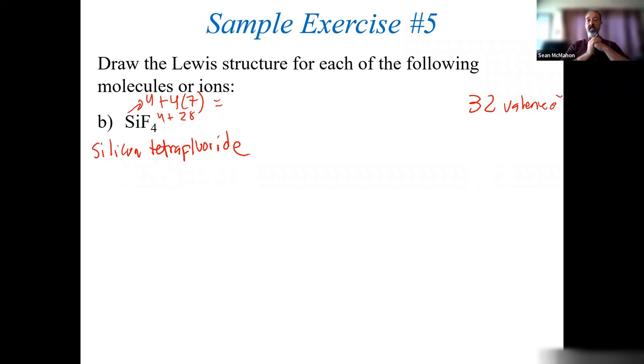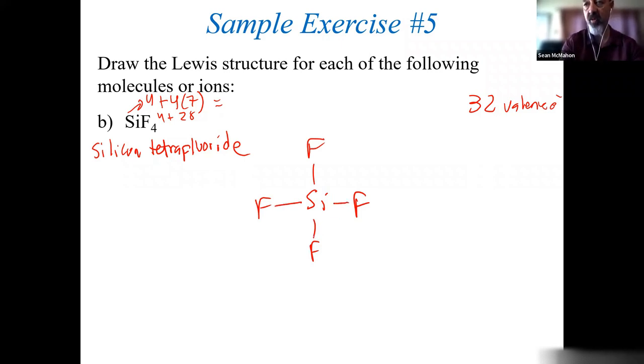Now, which one is going to be in the center? Remember, hydrogen and fluorine are never in the center, so we know it's silicon. And I have 4 fluorines. First rule, I have to connect everything. 4 bonds, each bond has 2 electrons, 4 times 2. So subtract 8, I have 24 remaining electrons.